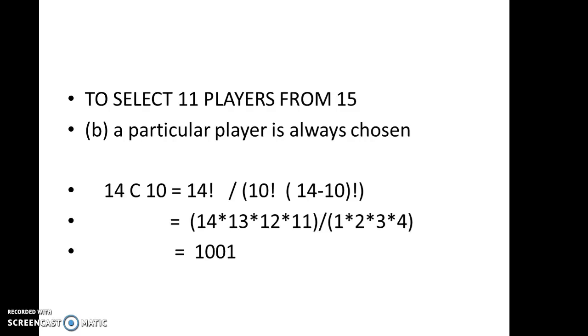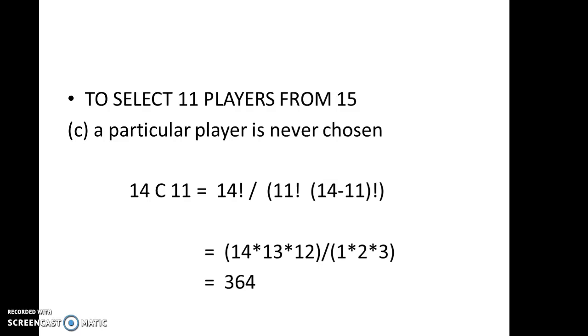So the combination will come like this: 14C10, because choosing 10 players out of 14 players. The formula is the same as we applied in the previous calculations: 14 factorial divided by 10 factorial times (14 minus 10) factorial. The answer is 1001.